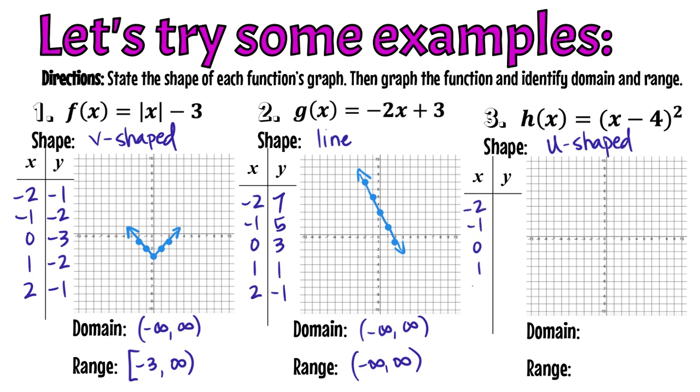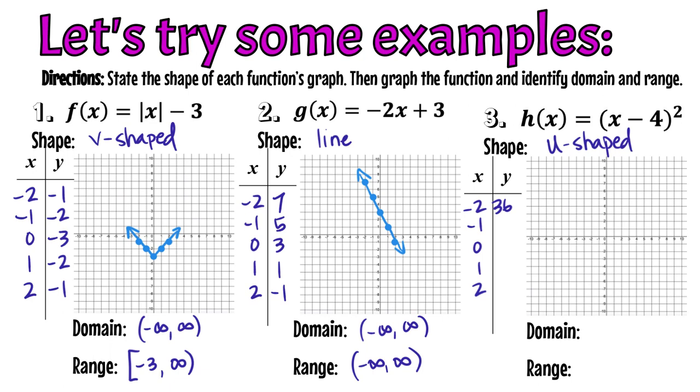And I'm going to plug these values in, and you're going to see that we have a problem here. So let's start with evaluating -2. If I say h of -2, I'm plugging in -2 for x. I get -2 minus 4. -2 minus 4 is -6, and -6 squared is +36. So we are way off our graph here.